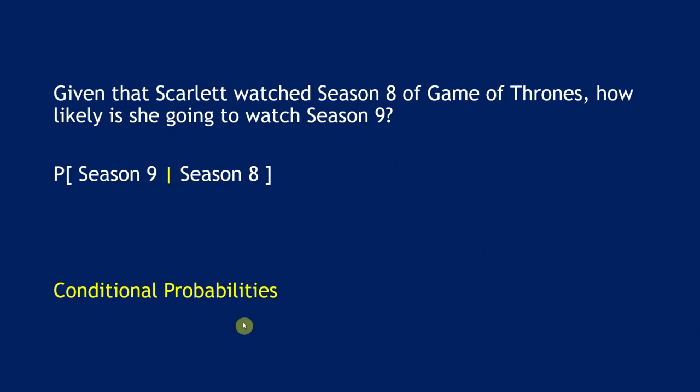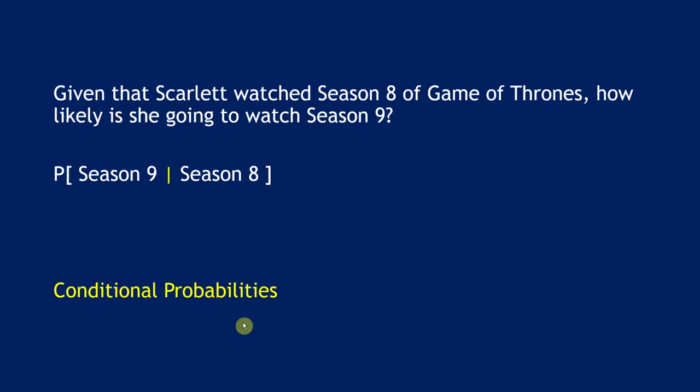If you work for Netflix, this will be a very common question that you have to answer as a manager. So given that a customer, Scarlett, watched season 8 of Game of Thrones, how likely is she going to watch season 9? Hopefully you see that this is something that the Netflix recommendation system is trying to solve all the time.